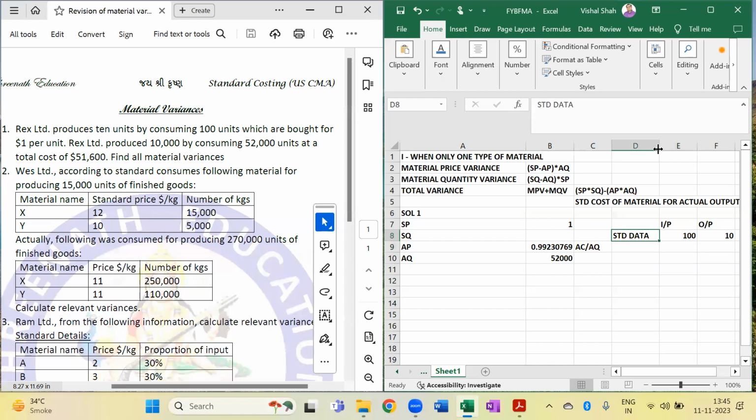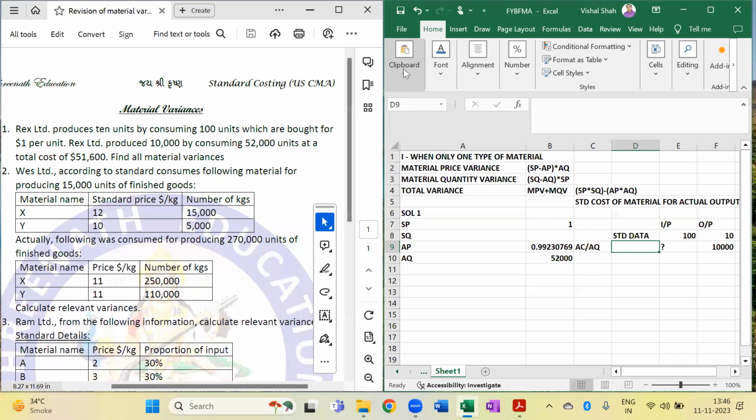Now, standard data you have written, you have to write actual output in the actual column. What is the actual output? Sir, actually, I have produced 10,000 units. So tell me how many units I am supposed to produce. How will I find out?